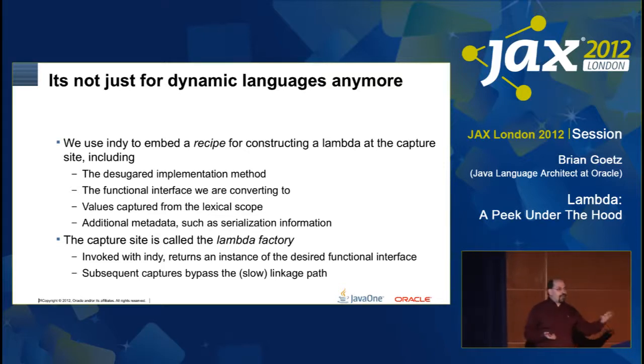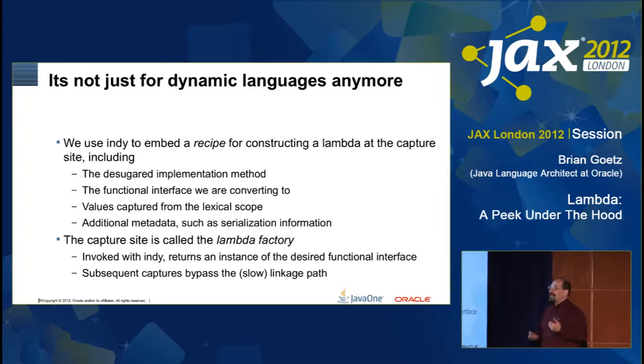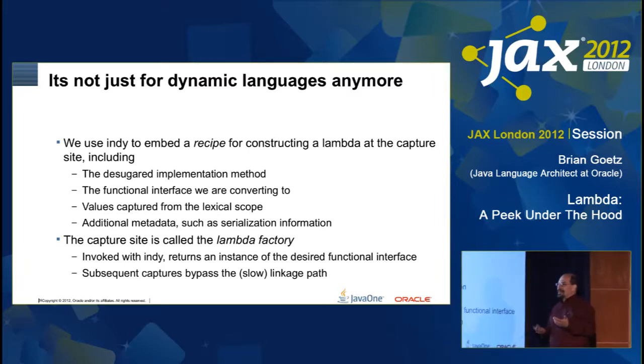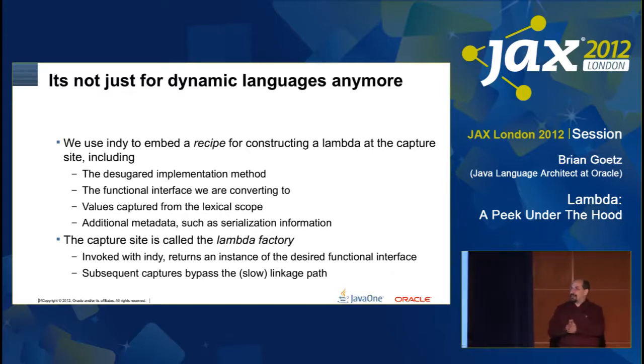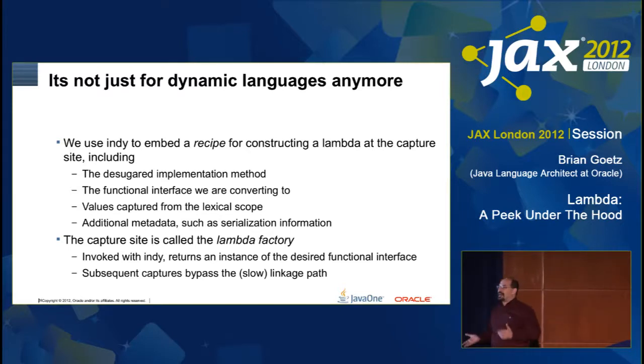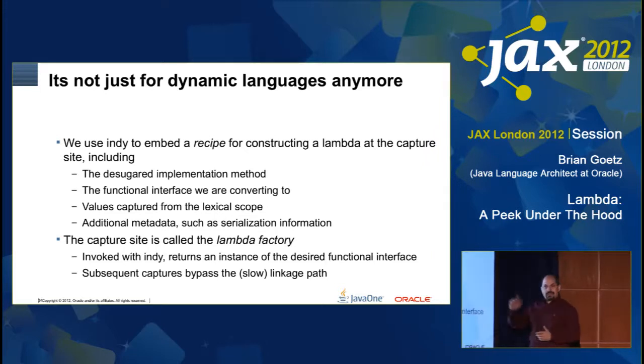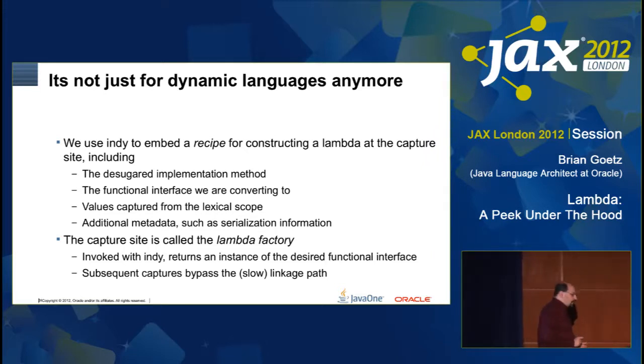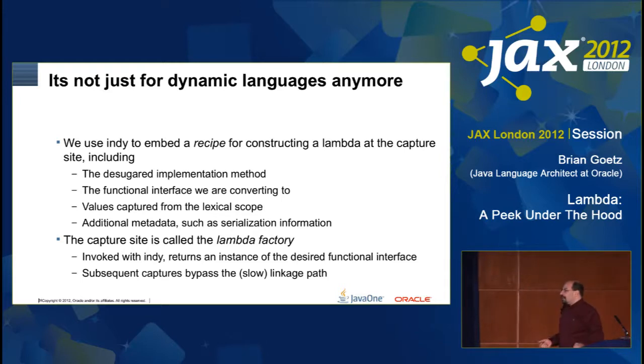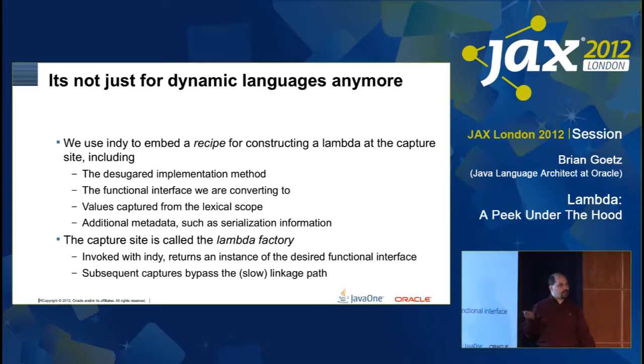The functional interface, predicate, mapper, runnable, callable, that we're converting to, and any values that are captured from the lexical scope, like the min age in our example, plus additional metadata that the compiler might know, like, gee, this lambda should be serializable. Remember what I was saying this morning about serialization interacts with every language feature? I would say we spend about 30% of the effort of Lambda figuring out how to deal with serialization.